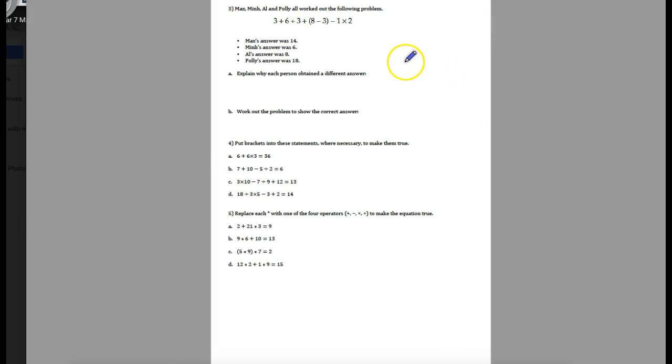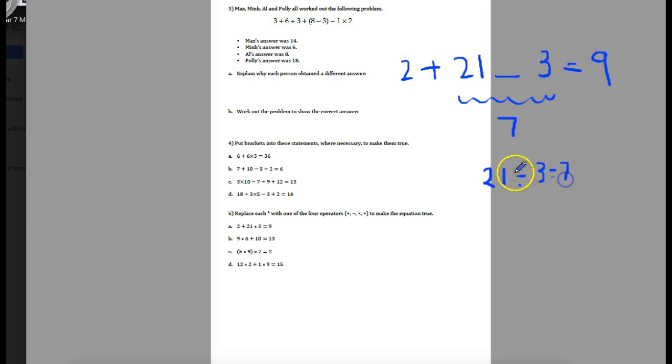So it's 2 plus 21 something 3 equals 9. Now for this to equal 9, we want this part to be 7. So how do we get 21 and 3 to equal 7? We put in a division sign. So 21 divided by 3 is equal to 7. So this part here, if we put a division sign there, is equal to 7. And that's what question 5 requires you to do.